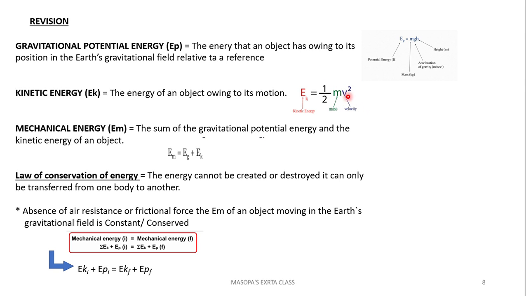Then how we get the mechanical energy: remember, it is the sum of the kinetic energy as well as the gravitational potential energy, so EM equals EP plus EK.